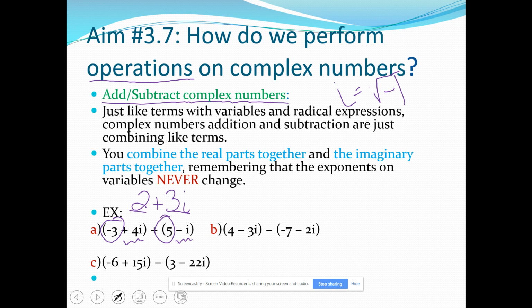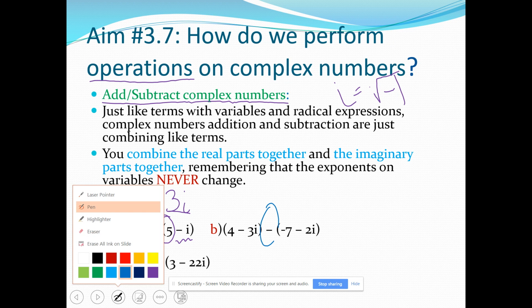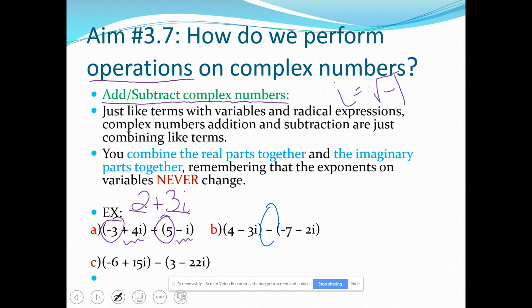Example B. Before I get started on example B, I see this subtraction sign right here in the middle. And one thing that I like to do so I don't forget about the subtraction is I think of this as a -1. And I'm going to distribute that -1 on the right side to the 7 and the 2i.